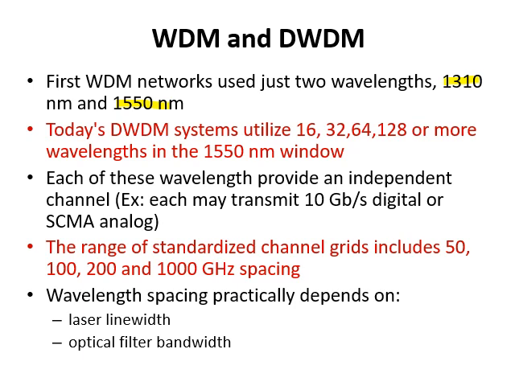Each of these wavelengths provides an independent channel, where each transmits information at 10 Gb per second. The range of standardized channel grids includes 50 to 1000 gigahertz spacing. These are the conditions. Wavelength spacing partially depends upon the laser line width and also the optical fiber bandwidth.